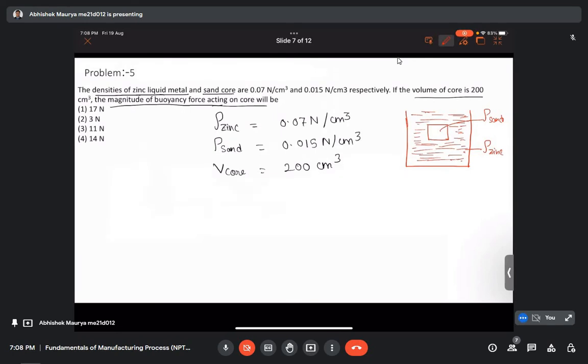So suppose this is volume V. Now when this volume V of core has been completely submerged inside the molten metal, it would have removed the same amount of molten metal in this region.